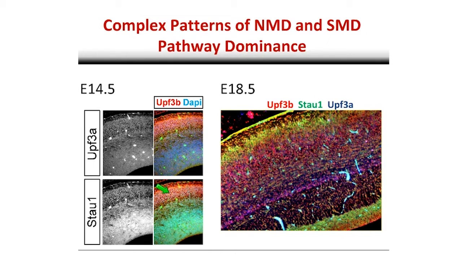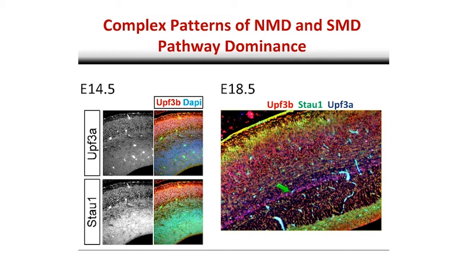Likewise, when we go a little bit further to E18.5, down here now is the ventricular zone. It's much smaller, but you can now see that the Staufen-1 protein is beginning to reduce and UPF3B protein is beginning to be enriched. And you can see throughout this cortex that there are different layers of cells which have different dominant expression.